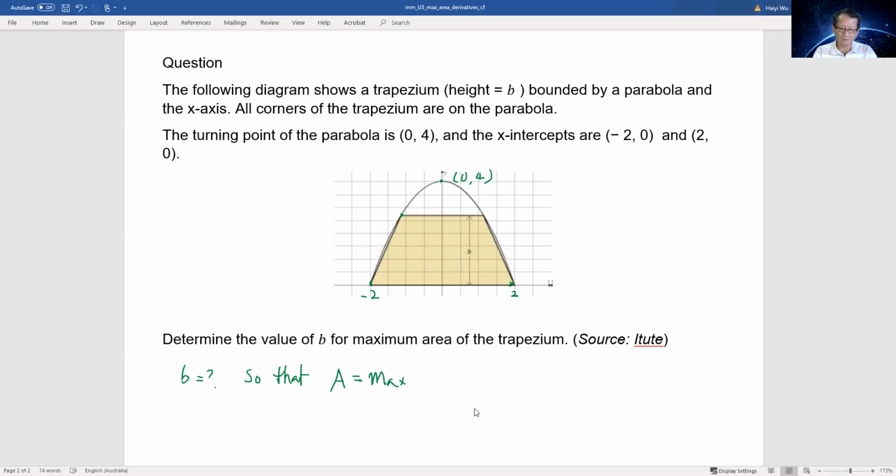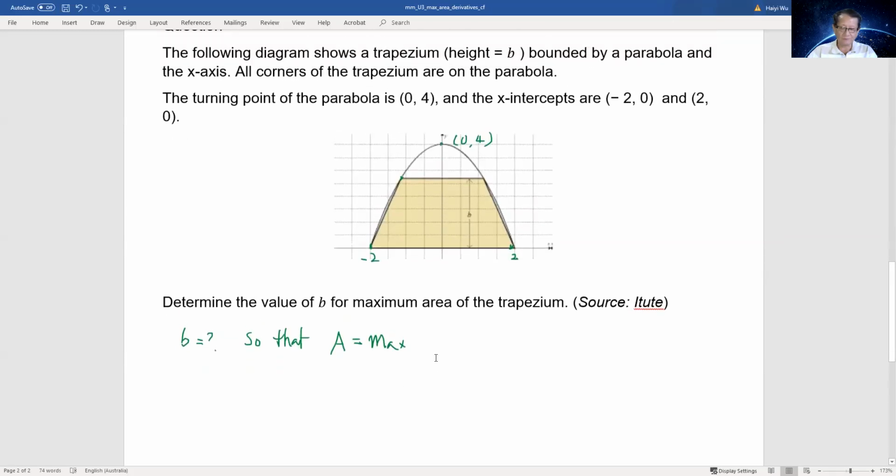If I call the base length C, then C is obviously 4. From here to there is 4. The height is B.